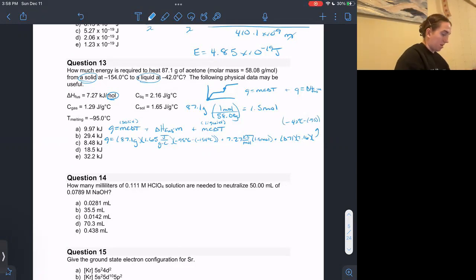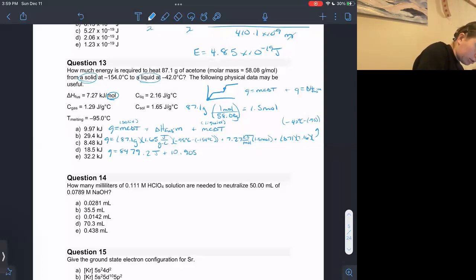Okay, so I'm going to do these all separately first. So I have 87.1 times 1.65 times negative 95 minus negative 154. So Q is equal to 8479.2 joules plus 7.27 times 1.5, 10.905.